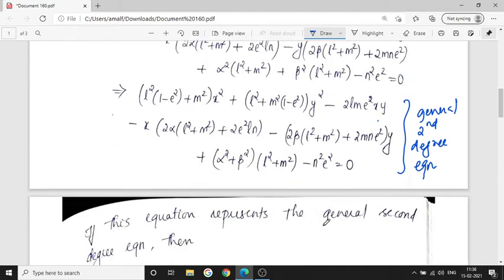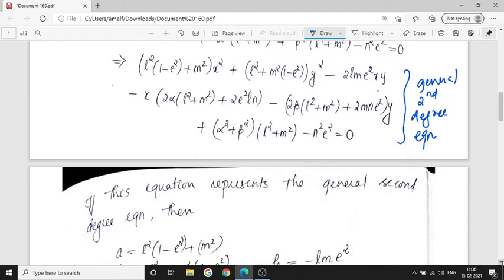If this represents a general second degree equation, here this will be the value of a, and this will be b, and this is in the form 2h xy, so the value of h is minus lm e square. Similarly this is 2g x, so the value of g is minus alpha (l square plus m square) plus e square ln.